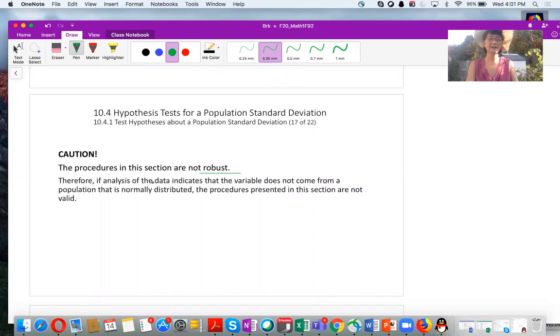Therefore, if analysis of data indicates that the variable does not come from a population that is normally distributed, the procedures presented here are not valid because they are not robust. You have to make sure the population is normally distributed. If it is not, you cannot use this chi-square test for population standard deviation.